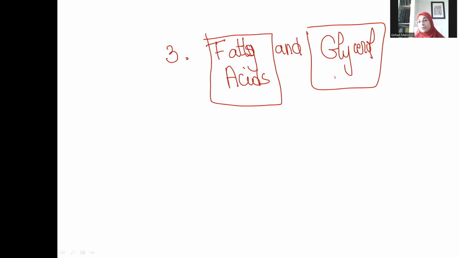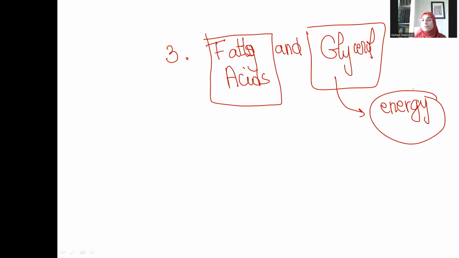Glycerol, like glucose, is one of the sources of energy in the body. So glycerol is routinely used by the body to produce energy, usually as a part of another longer pathway of producing energy from glucose. But for fatty acids, again, we have two fates.